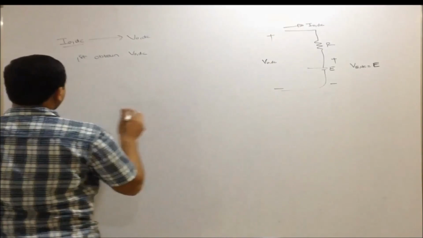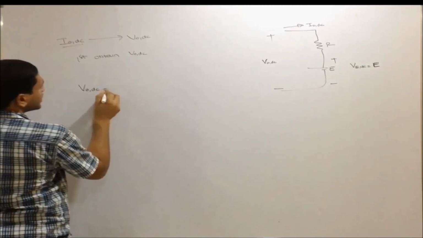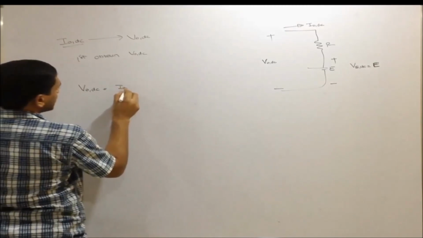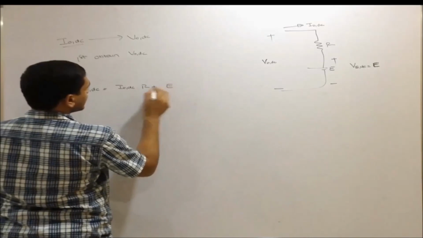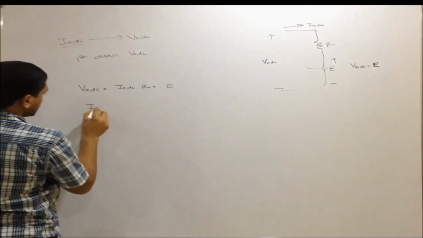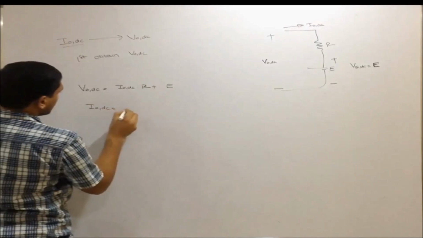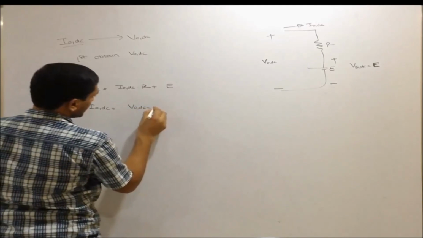What happens? V0 DC equal to I0 DC into R plus DC value of E, which is E. Thereby I0 DC equal to V0 DC minus E by R.